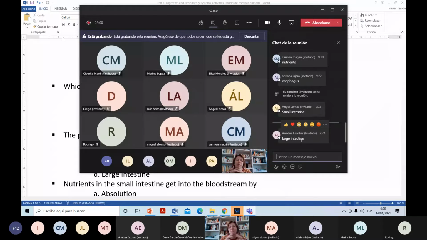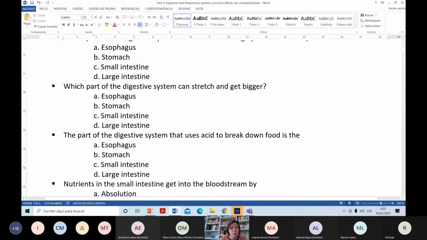But the one that gets bigger, the higher the amount of food the bigger the size, is the stomach. It does get bigger and it also contracts in order to send the chyme out. So the answer for this one, which part of the digestive system can stretch and get bigger, is the stomach.